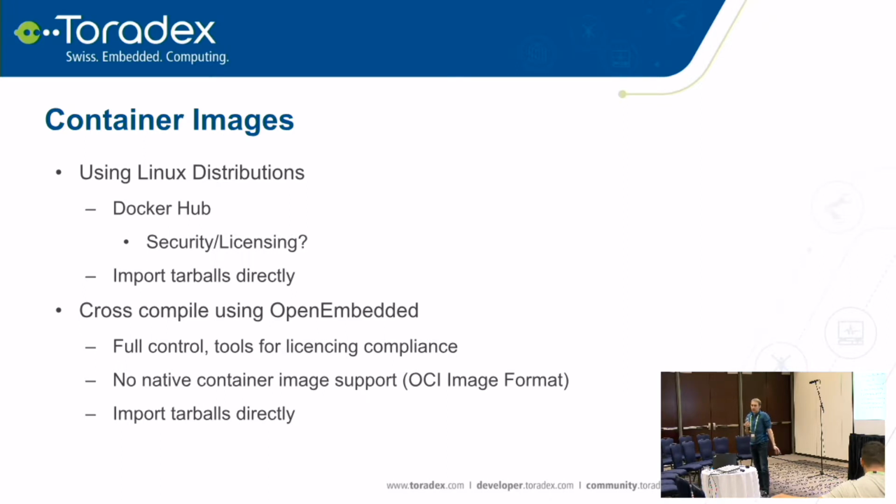But if you use OpenEmbedded, you can also cross-compile the container using OpenEmbedded, which again gives you full control, licensing compliance and everything. But it's not as easy, right? You need to learn OpenEmbedded, which has a steep learning curve.